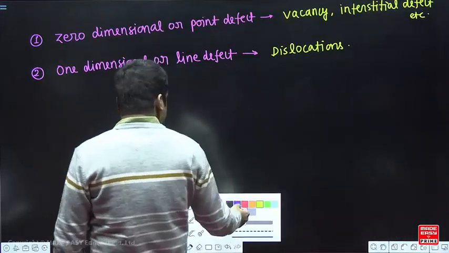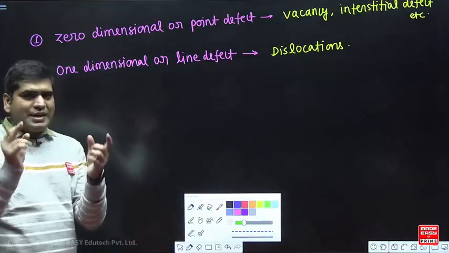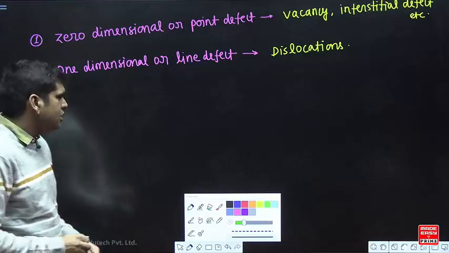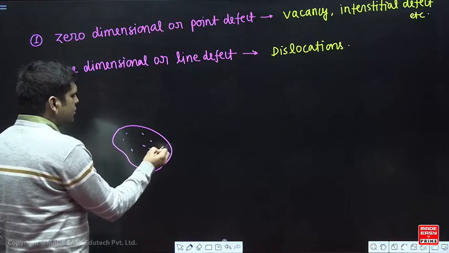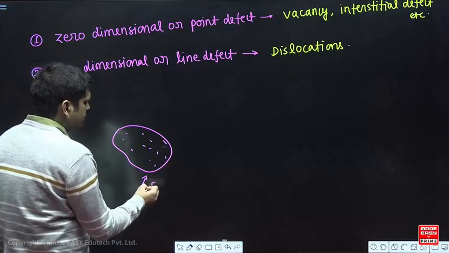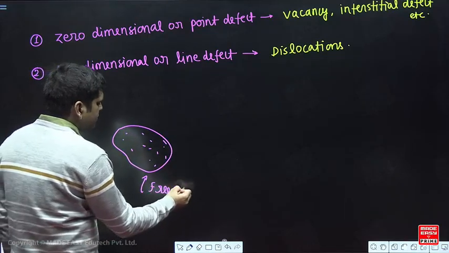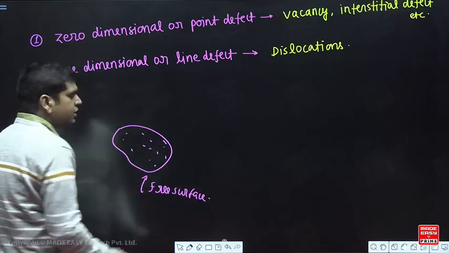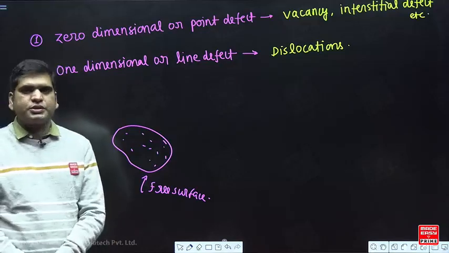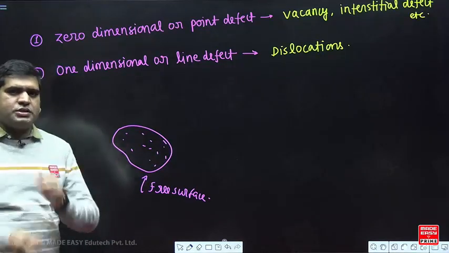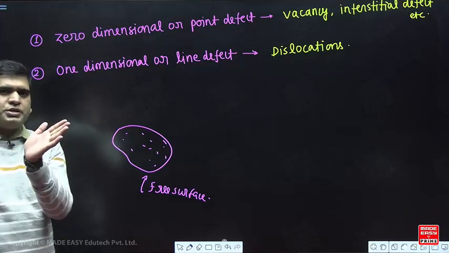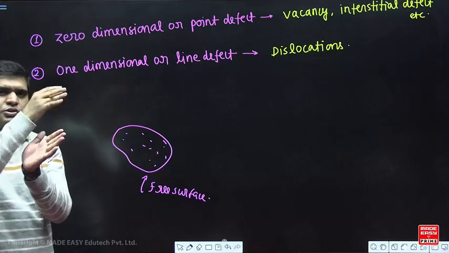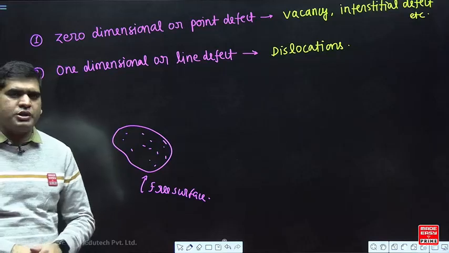The third one is when the defect extends throughout the surface of the material. Like the free surface, the end surface where the atoms end, is also a kind of defect, a surface defect. Or grain boundaries: in one grain atoms have one orientation and in the other grain another orientation, so at the grain boundary periodic order is not followed.